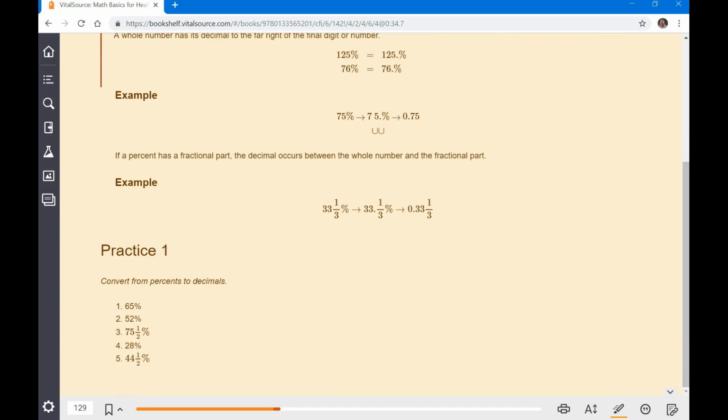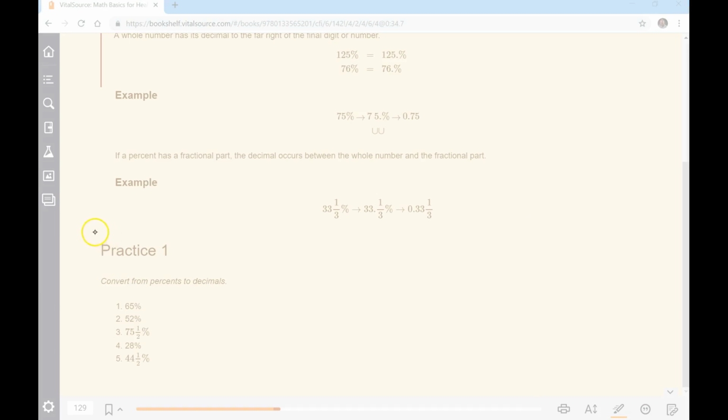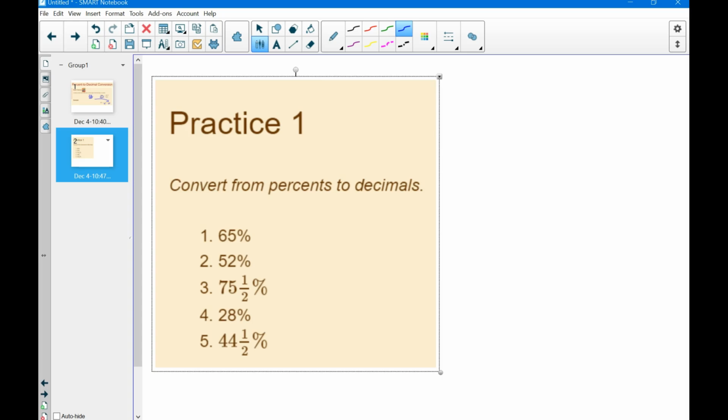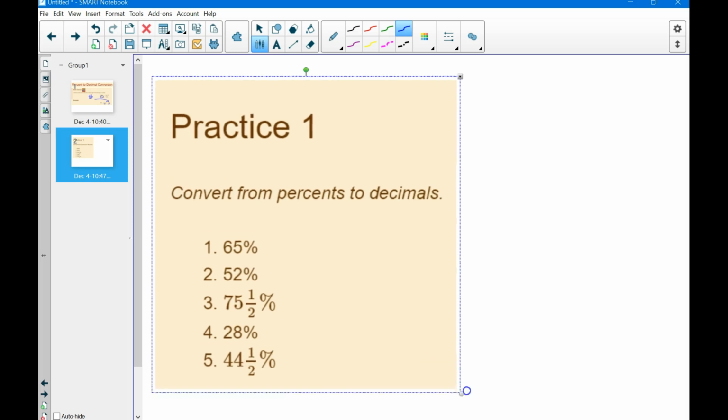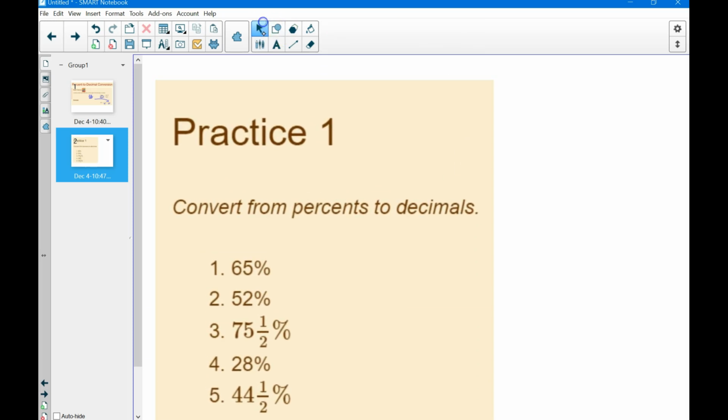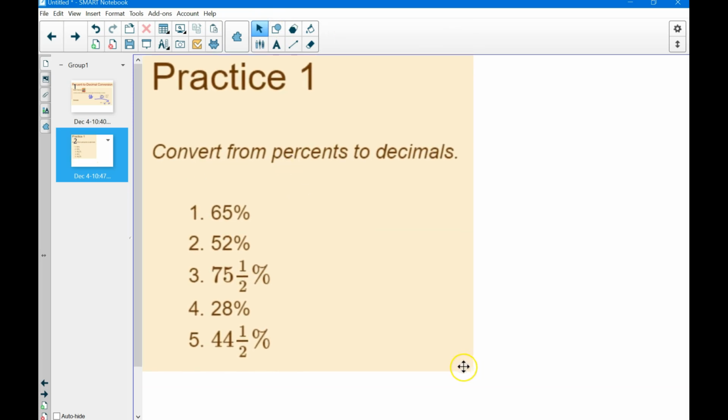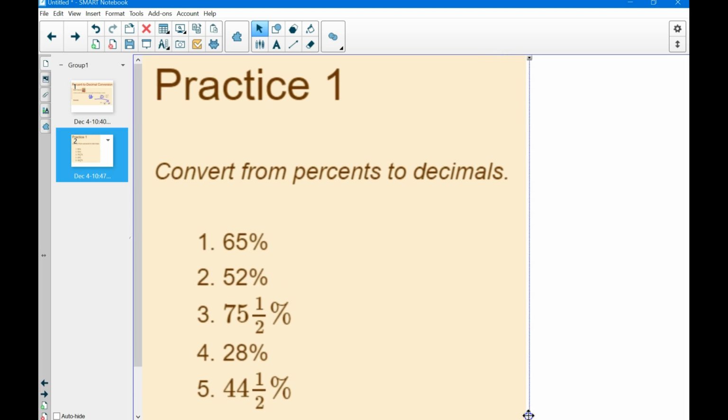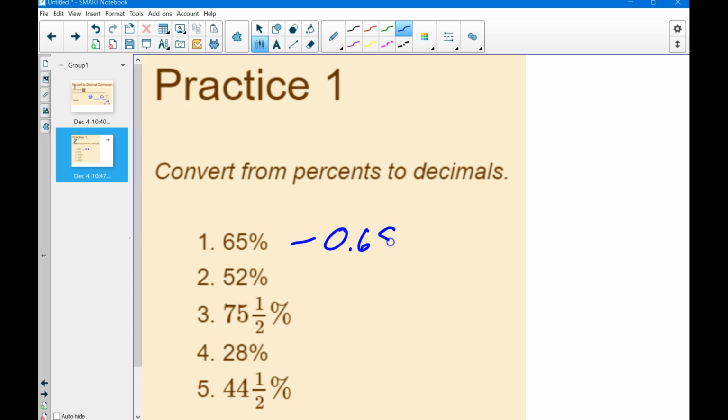Let's quickly have a run through here. In here, you can see that the percentages are all there. Make this a little larger. Jumping really quickly through this, and given what we just said about moving the decimal place, it becomes very simple to turn it into a decimal. 65 becomes 0.65, 52 becomes 0.52, this becomes 0.75 and 1/2.